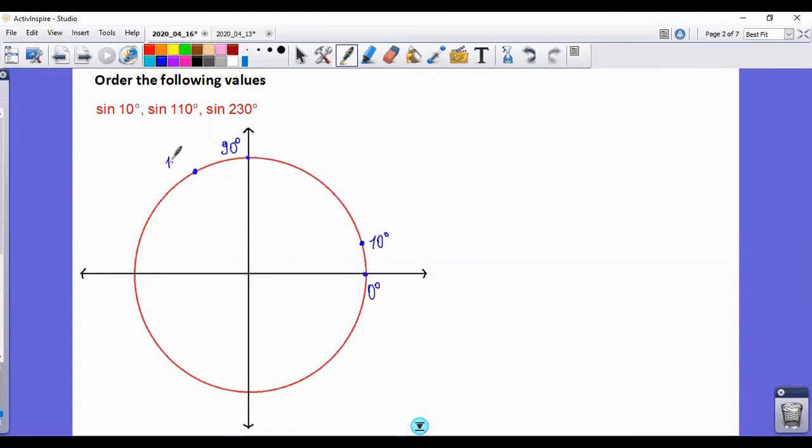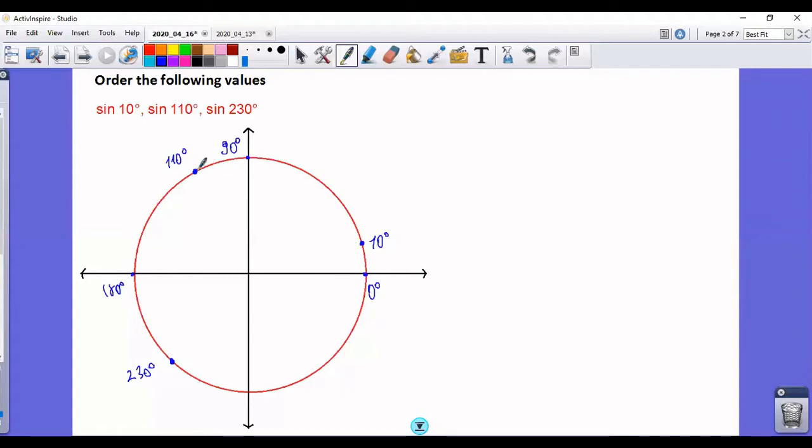And 230: this is 180 degrees, and from 180 we should go 50 more to get to 230, or from 270 you should go back 40 degrees. So this is 230 degrees.